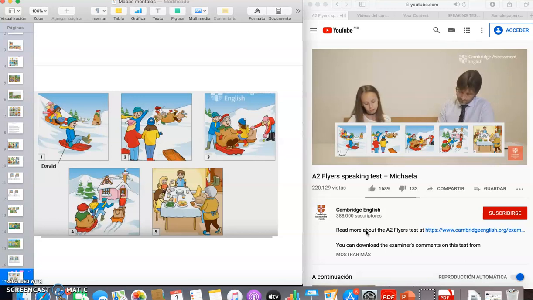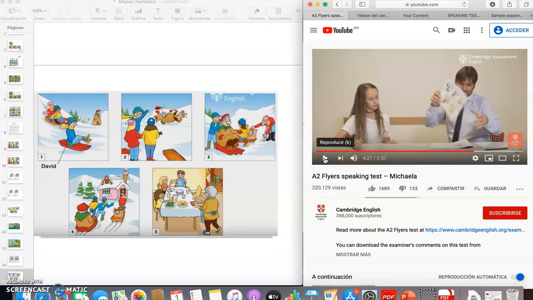Where's the old woman sitting? She's sitting on a sledge. On the sledge. And then they came home, and the woman prepared them lunch. How are they feeling? They are happy. Good.